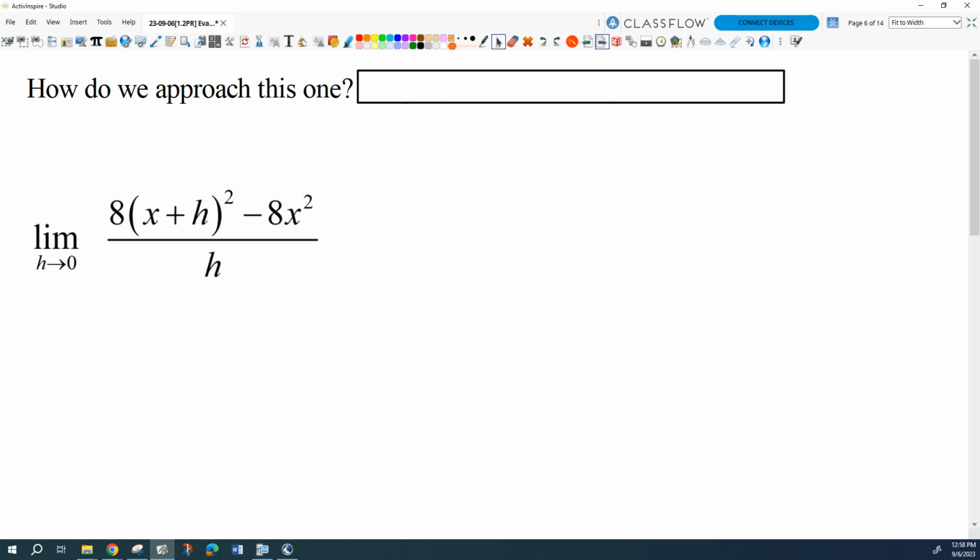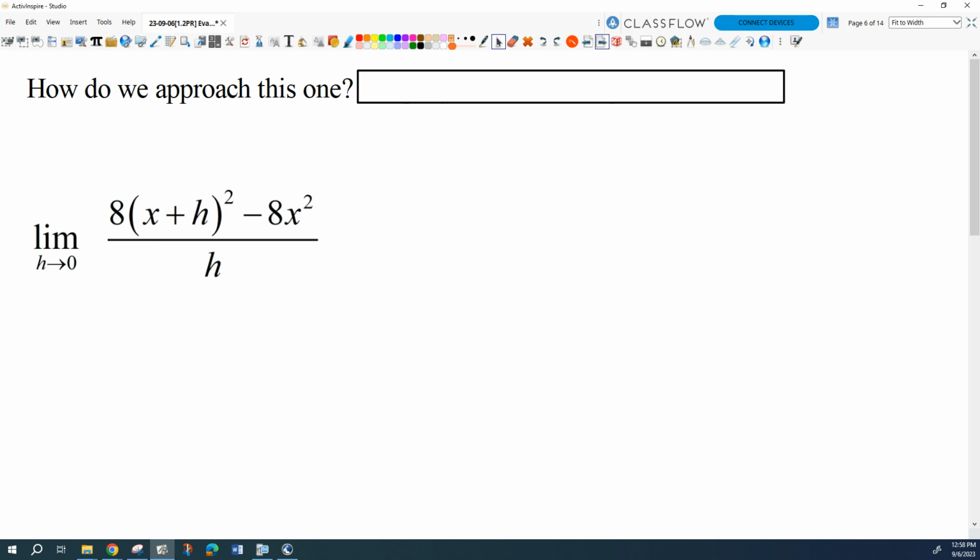So what do you think we do? What do we do? No, we might get x's in our answer. That's okay, because the x is not a variable as far as the limit's concerned. We want to try to set this up so that what's going to cancel here?